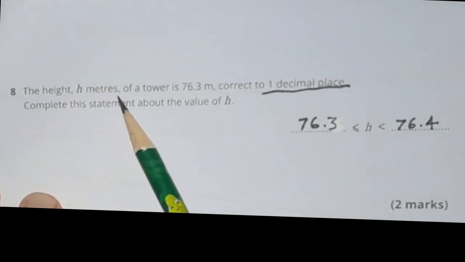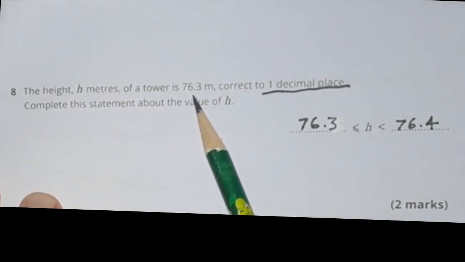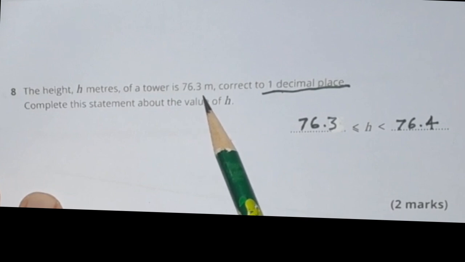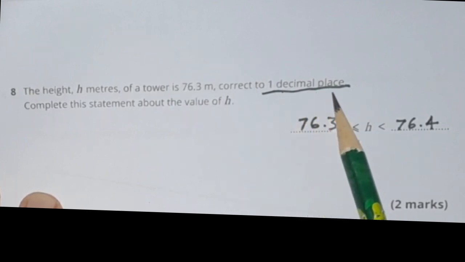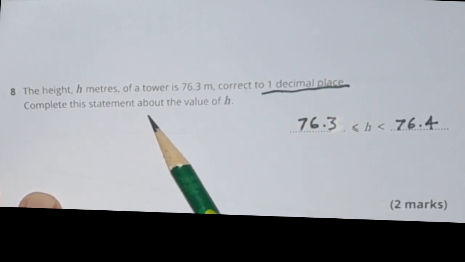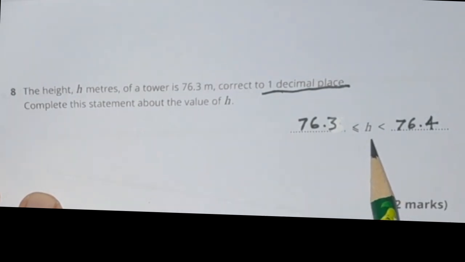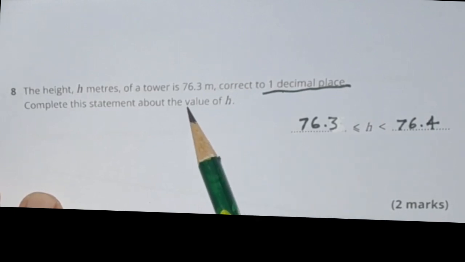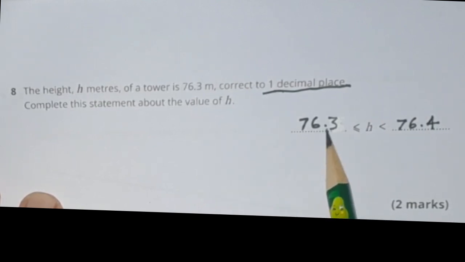Question 8. The height h meters of a tower is 76.3 meter, correct to 1 decimal place. Complete this statement about the value of h. Now here is h, and this is equal to or less than. So 76.3 is equal to or less than h.